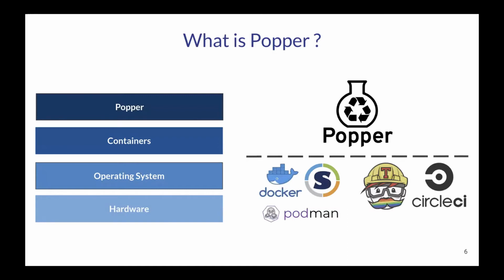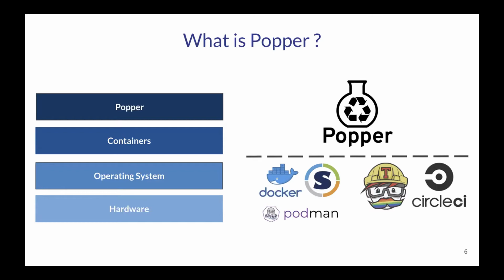So before talking about how to do the automation, we describe the tool that helps us to automate the containerized steps, which is Popper. As containers abstract operating systems, similarly Popper abstracts containers.